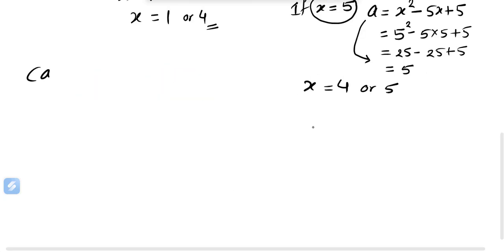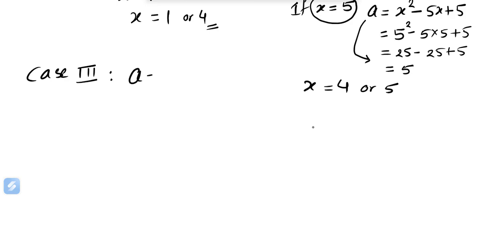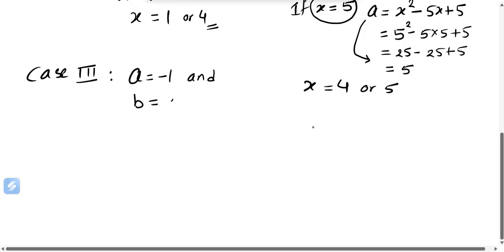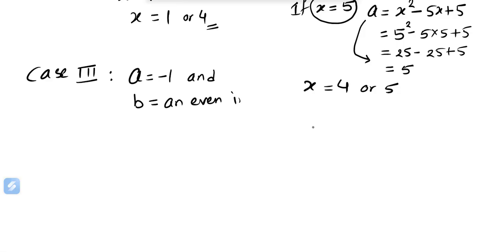So let's suppose this is case number 3. So in case number 3, if a is equal to -1, b is equal to an even integer. Now let's check. So we assume a is -1.